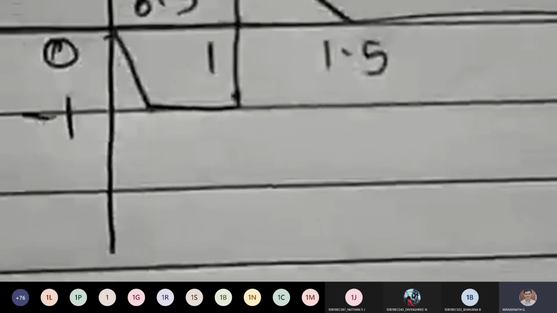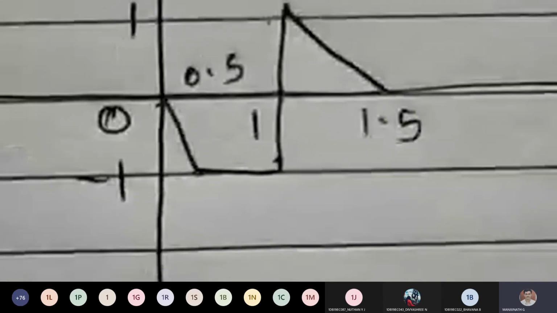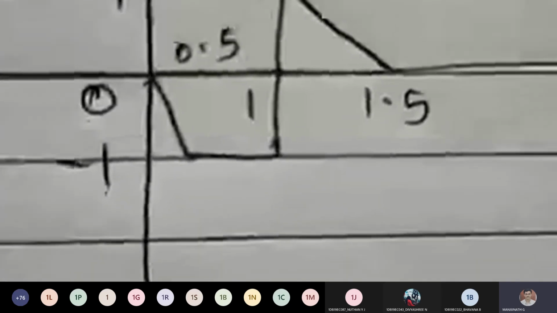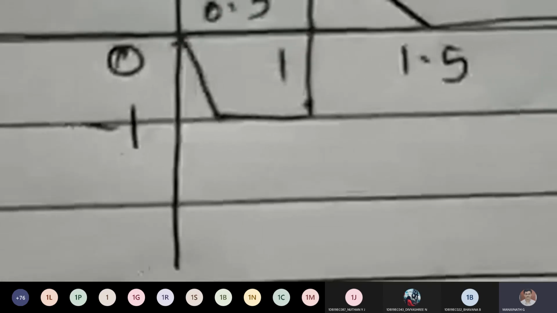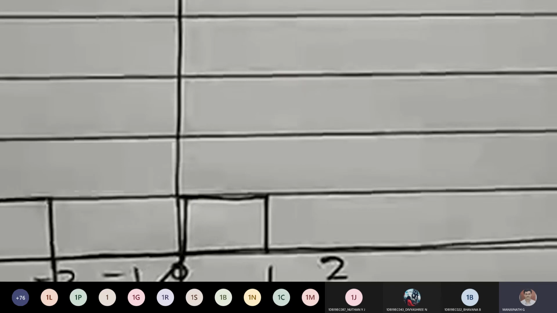So this is the final answer you're talking about. Yes, sir. You did x of -2t plus 1 upper. So you'll get it towards the positive side. Just go back up and show me how -2t plus 1 looks.